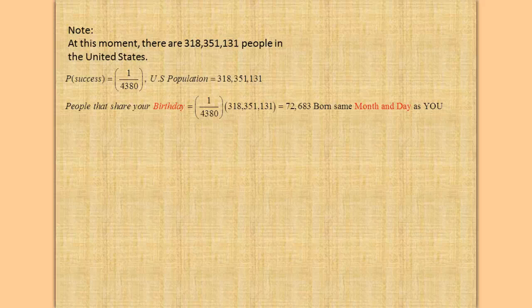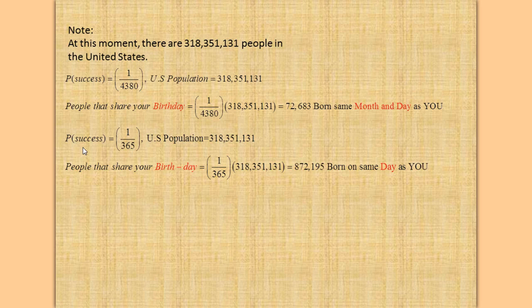The probability of success for birthdays is 1 divided by 4380. And this is the U.S. population I just quoted. People that share your birthday, day and month, is 1 over 4380 times the population, which is equal to 72,683 people born on the same month and day as you.